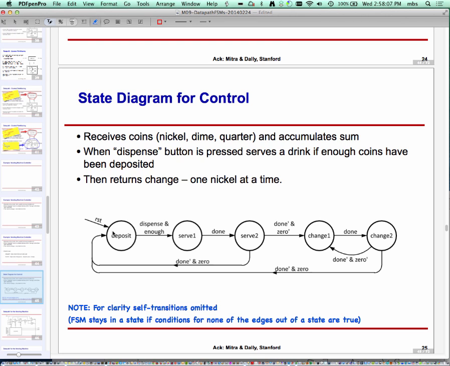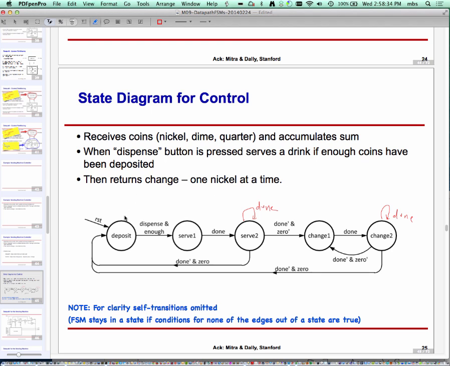Okay, so the other thing which is happening out here is that for clarity purposes, self transitions are omitted. So basically, for example, out here there is a self loop on not done, which has been omitted out here. And likewise in many other places. So there is also a self loop on done here, which is omitted.